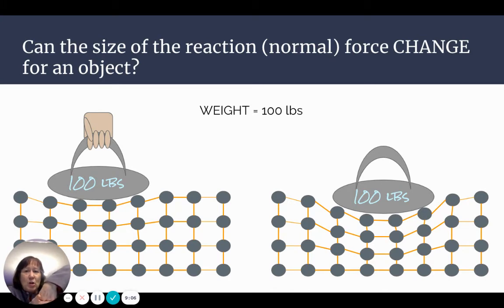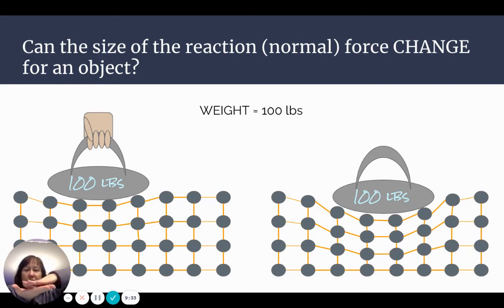So when I'm barely holding it back, the table's not pushing back very much, okay? But when I let go of the weight and the full 100 pounds is on the table, I'm able to squish a lot more atoms or get them to be a lot closer to each other. And so the pushback from the electrons is a whole lot more. When electrons go closer together, the push is a whole lot more.